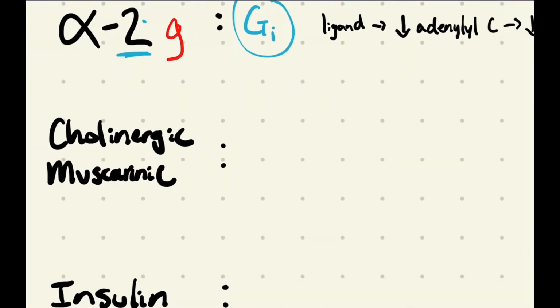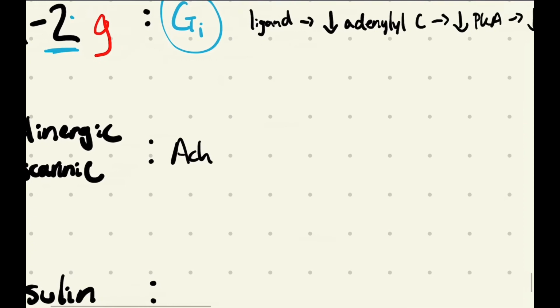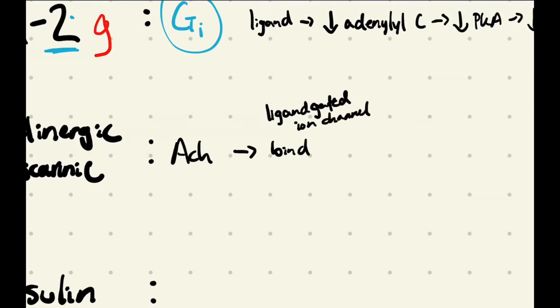Moving on to the cholinergic muscarinic receptors, these are going to be your acetylcholine, and acetylcholine is going to bind to its receptor. It's a ligand-gated ion channel.